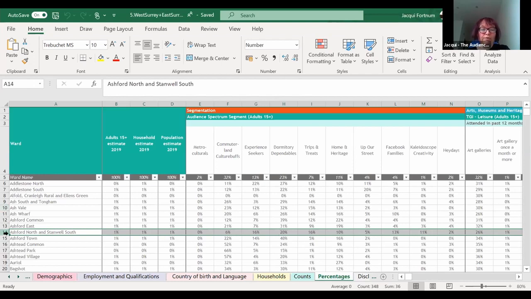So, for example, if your museum was in that particular ward, you would see that you have quite a significant potential family audience in that area, whereas in the area as a whole, it's a lot lower.